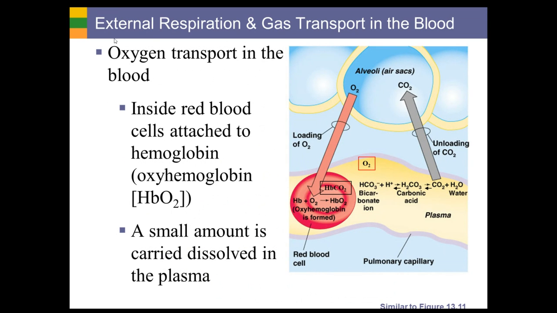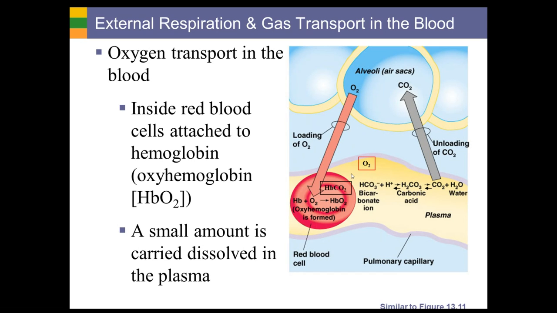Let's look at external respiration. So we are in the pulmonary capillaries. You can see the alveolar sacs here, and here we have the blood of the pulmonary capillary. Let's focus on oxygen. Oxygen is going to diffuse from the alveoli across the respiratory membrane and into the capillary.